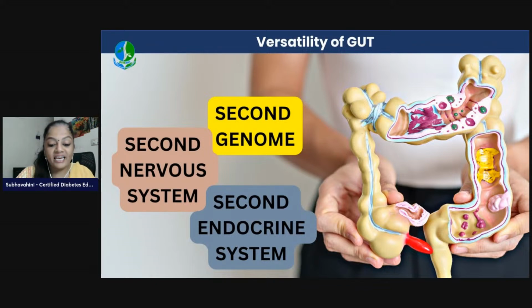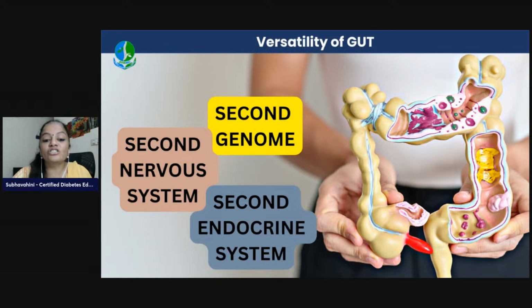So this intestine, the large intestine, is also called the second genome, because beside our own DNA structure, all these living beings, all these microbes which are there in our gut, they also have a DNA structure, and they directly influence our genes, and they are playing a crucial role in keeping us healthy.